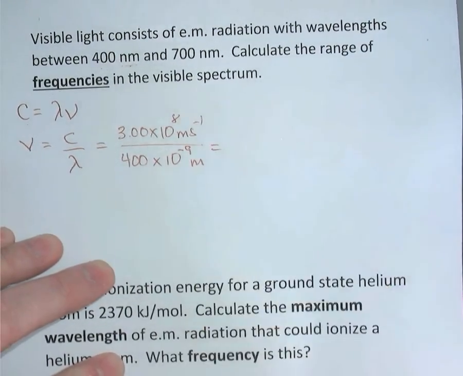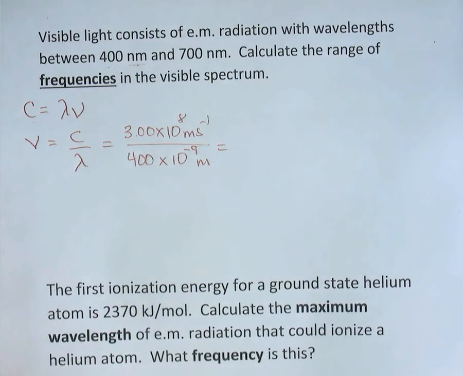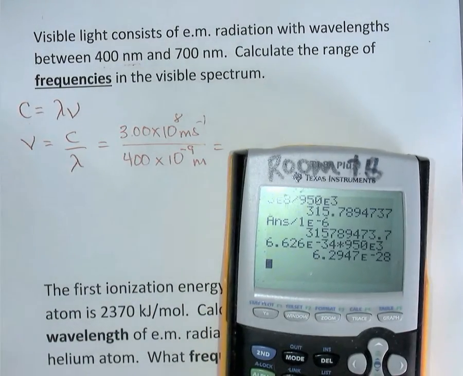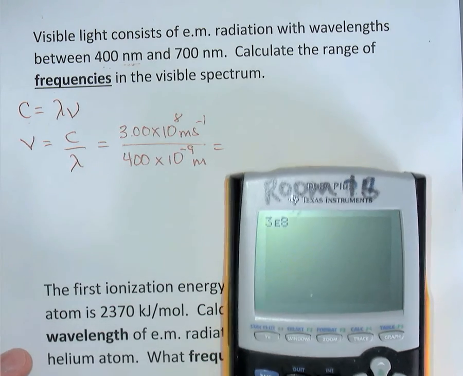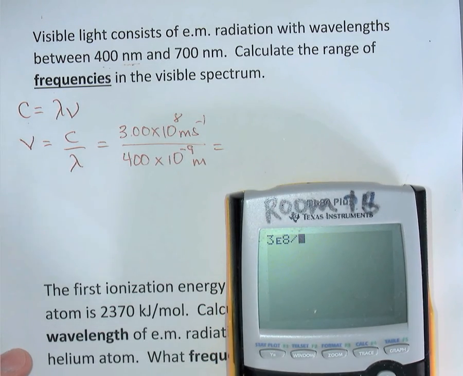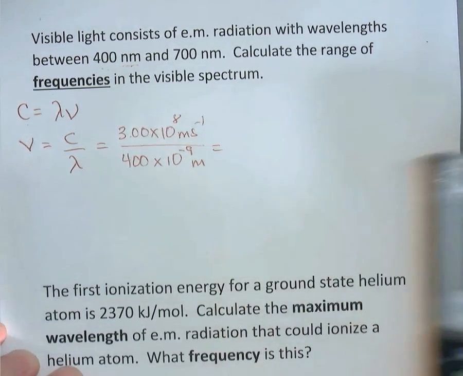So now, dividing with my scientific notation button, 3 times 10 to the 8 divided by 400 times 10 to the minus 9, we get 7.5 times 10 to the 14.